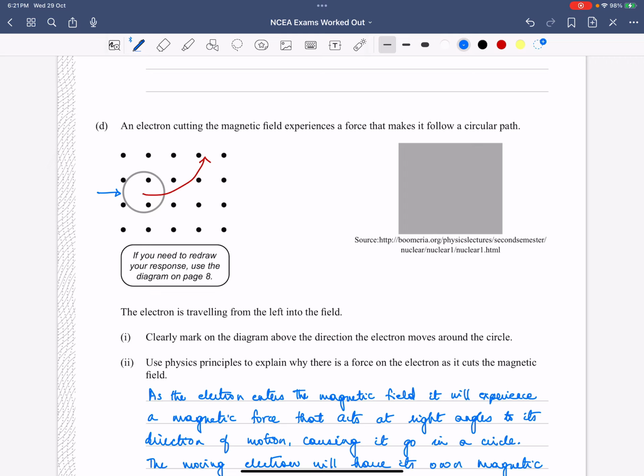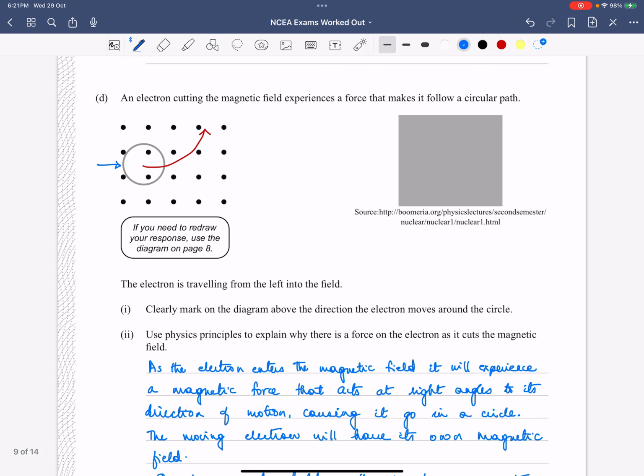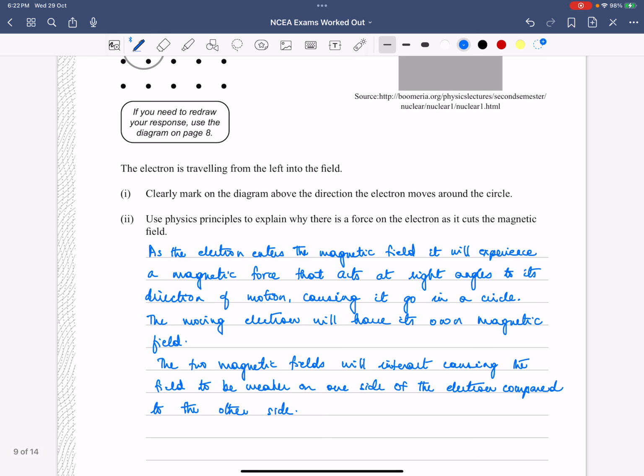So I've just run my little thing. I used my right hand rule, but use whichever rule your teacher taught you. That was for a positive charge, but an electron is negative, so it has to be the opposite direction. And explain why there's a force on the electron as it cuts the magnetic field.